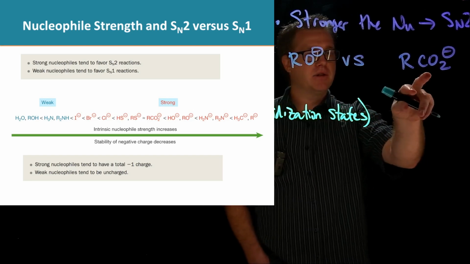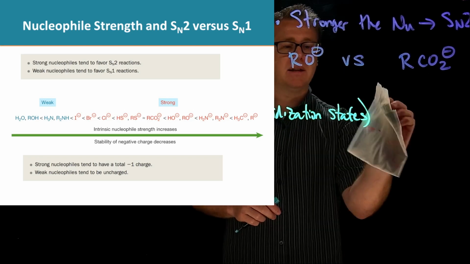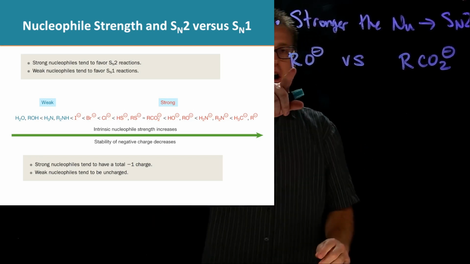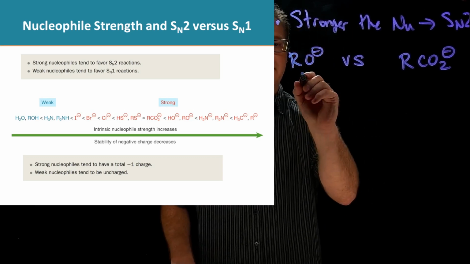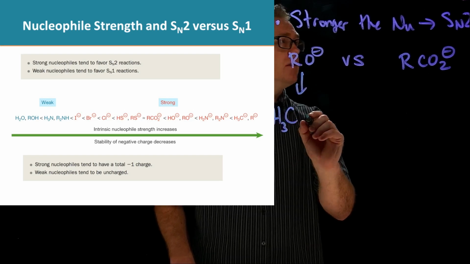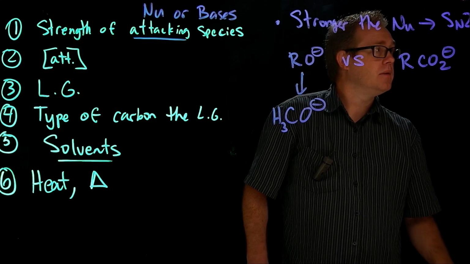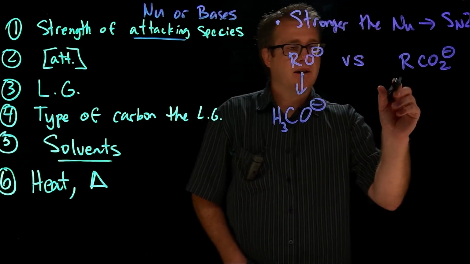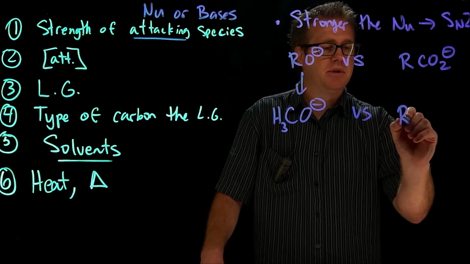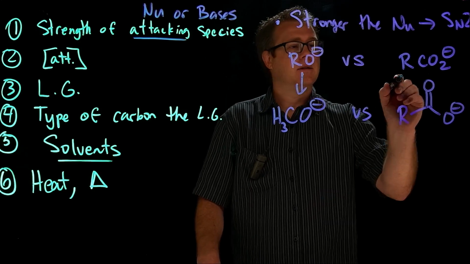So we want to compare those two, but now we have to be careful. The R group, I'm going to translate it now into something else. The RO minus, let's say that is going to be methoxide. And I'm cutting that off, so I'm going to turn off the PowerPoint now. So methoxide versus, let's just keep it generic here, like that, okay? So that to that.